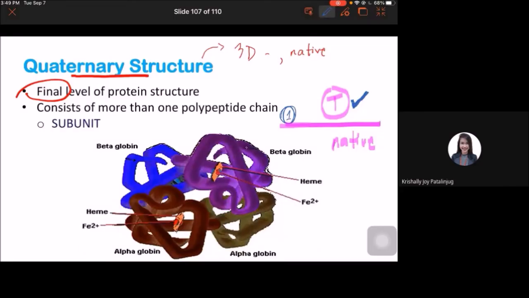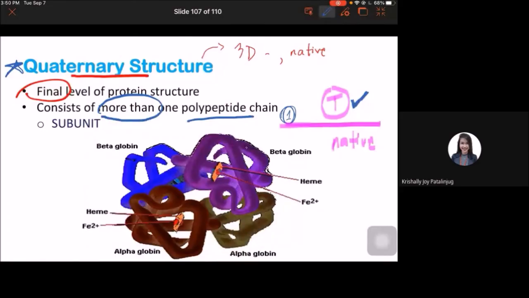Now, for quaternary structure naman, this time it consists of more than one polypeptide chain. Kaya nga di ba yung key points natin sa quaternary structure, balikan niyo yung overview natin sa 4 na levels of structure.